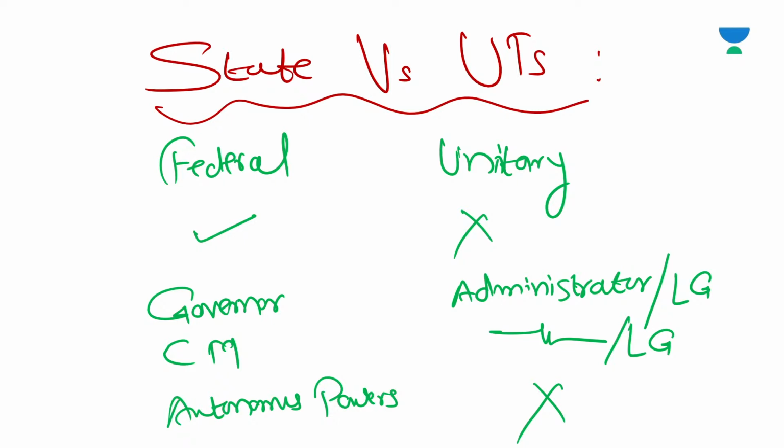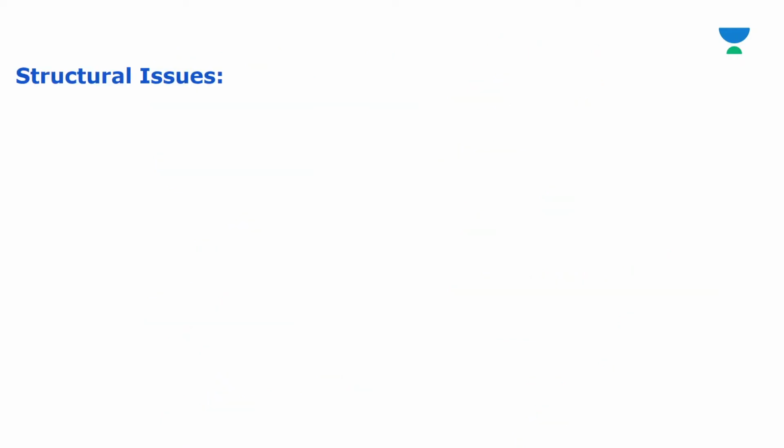There are also structural issues. Friends, recently, if you are aware of the current issues, some MLAs from the Puducherry Legislative Assembly resigned, and these resignations reflect a familiar pattern.